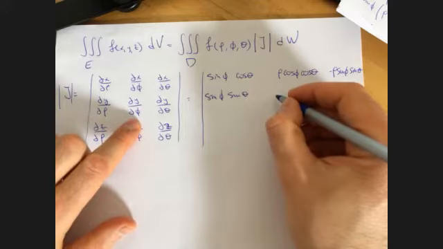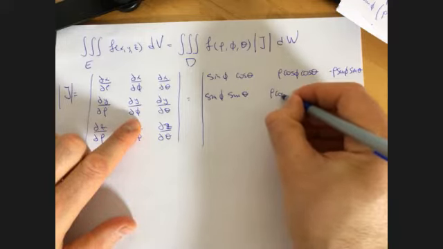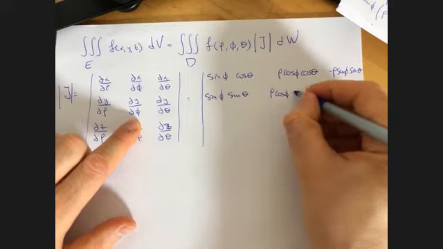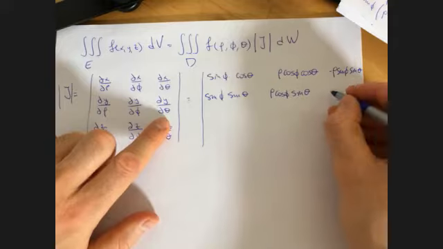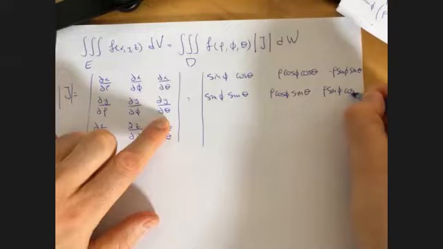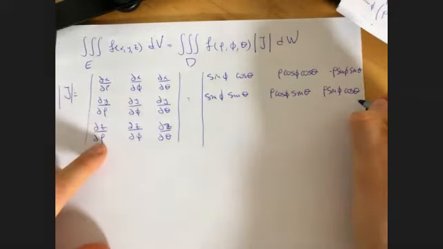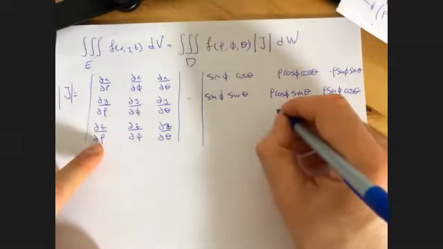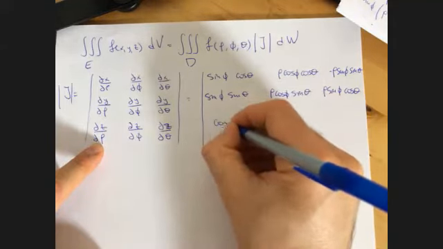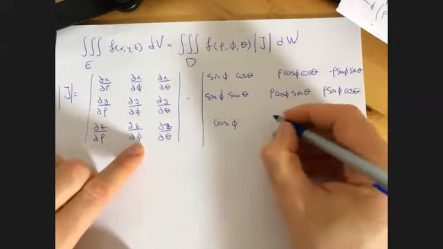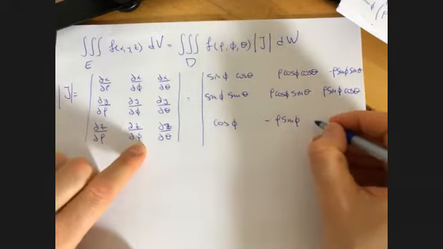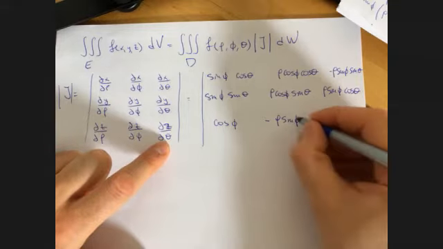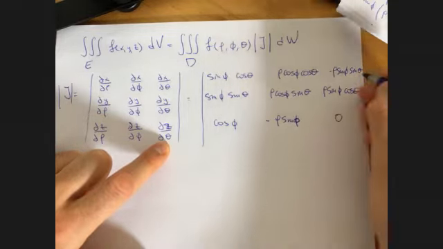Partial y partial phi is rho cosine phi sine theta. And partial y partial theta is rho sine phi cosine theta. And the last row, partial z partial rho, is just cosine phi. Partial z partial phi is negative rho sine phi. And z is independent of theta, so this is just going to be 0.